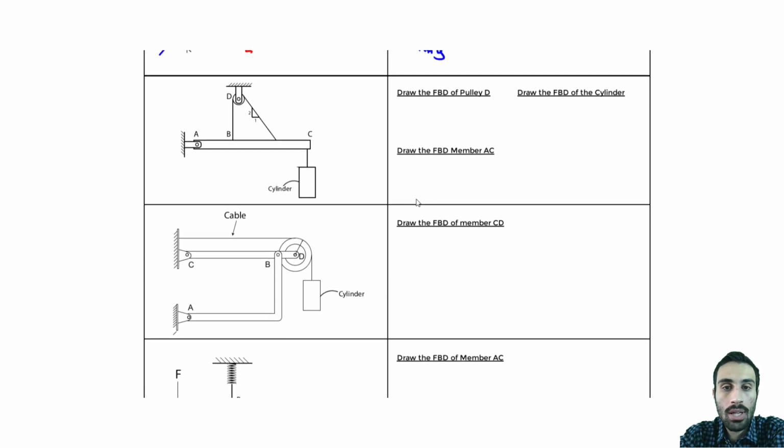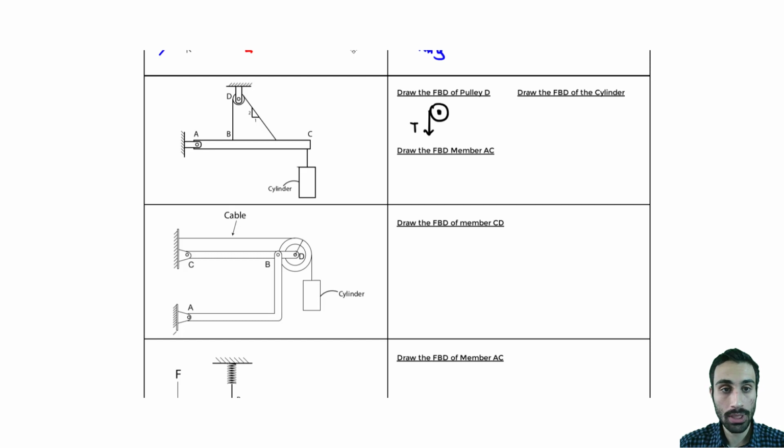Let's keep going now and do this one. Here we want to draw the free body diagram of the pulley at D. So simply for that one, you just draw a circle, we have point D here. It's a cable, so it's going to be a tension force.